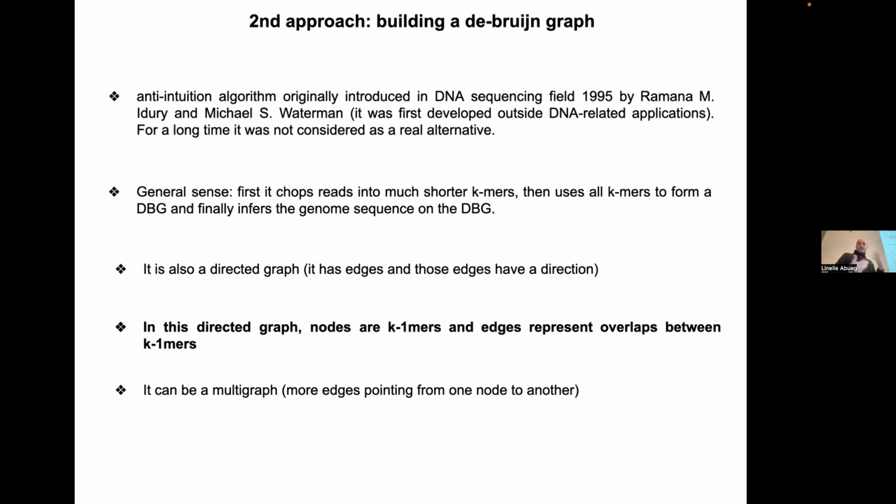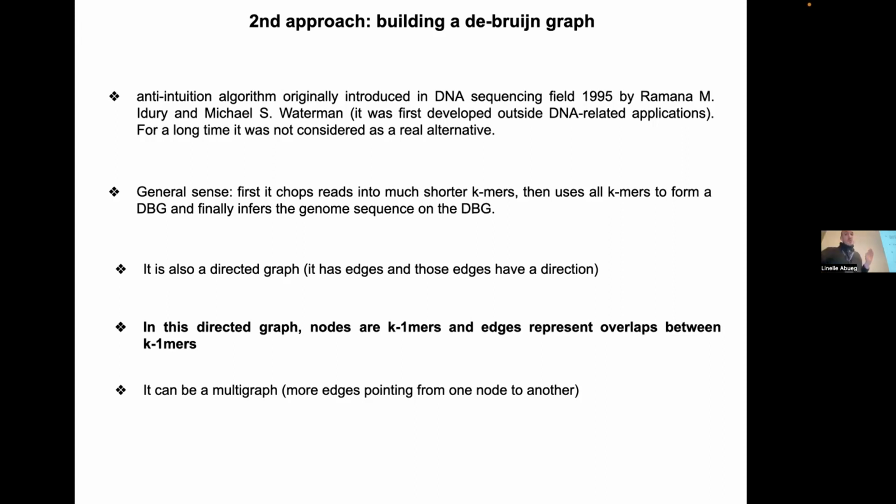It's also a directed graph. And here, an important distinction is that the nodes represent k-mers. Imagine you have decided that the k-mer length for the De Bruijn approach is 31. So the nodes will represent k-mers of length 30, the length that you've decided minus 1.